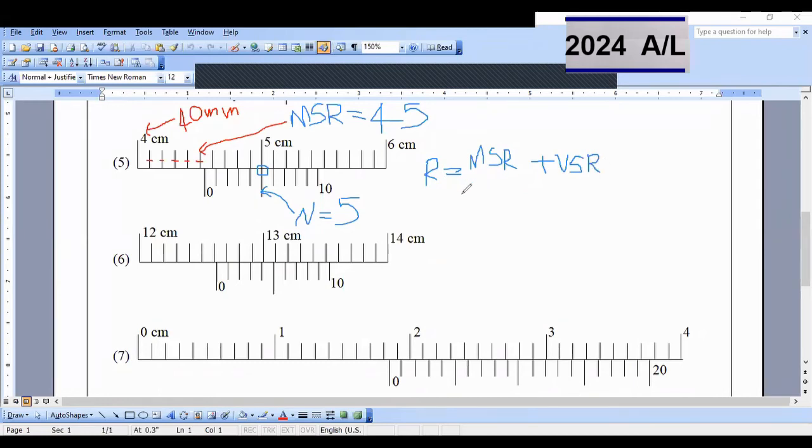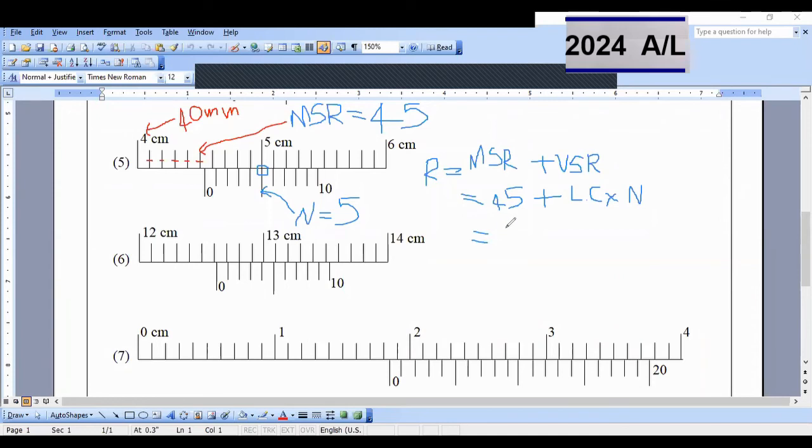Very good. Main scale reading is 45. Please put question number 5 and write. No need to draw a figure because figures are already given.